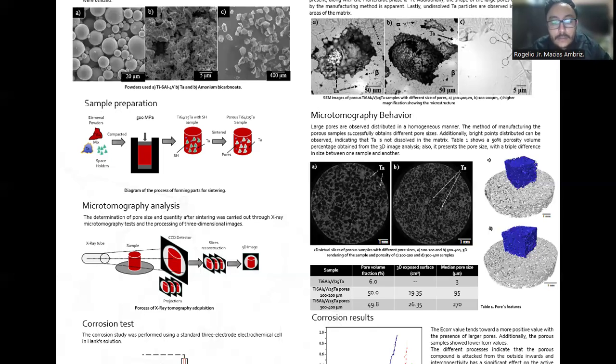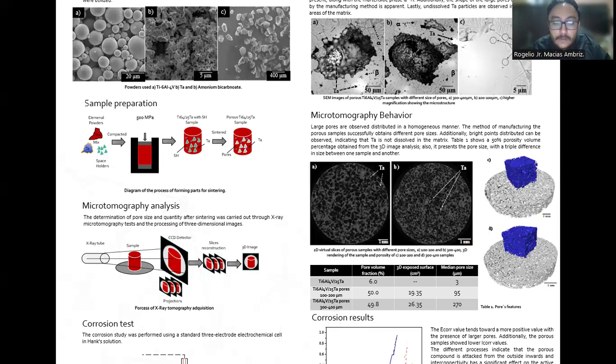Once the tomography images were processed, three-dimensional representations of the evaluated samples could be obtained. The difference in the size of the pores obtained is clearly observed, and the software also showed that the pores are almost entirely interconnected, indicated by the blue color in the 3D image.